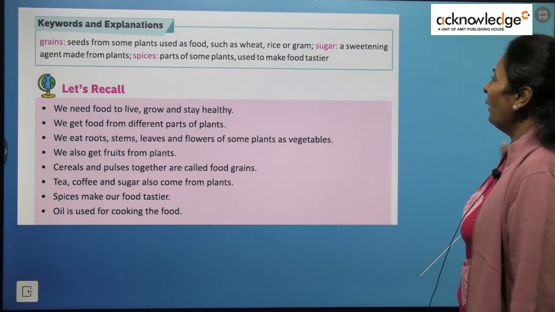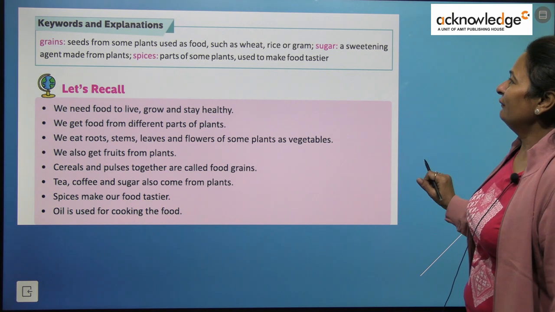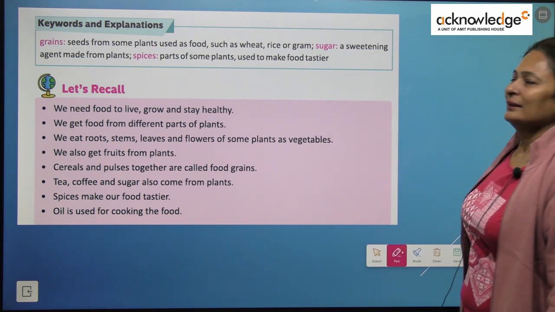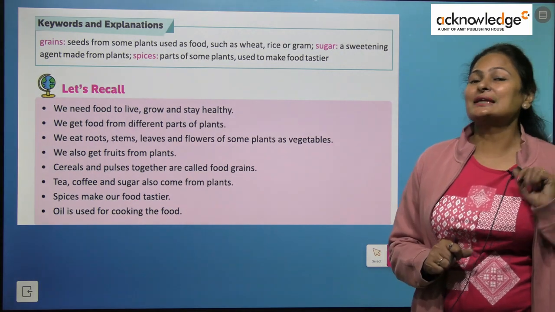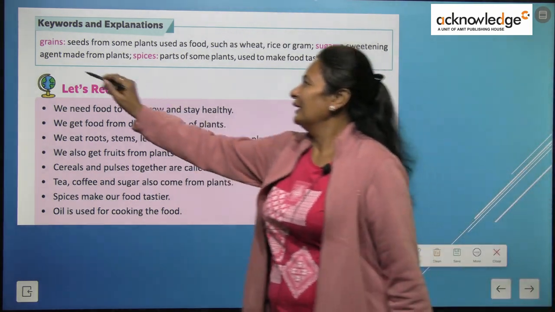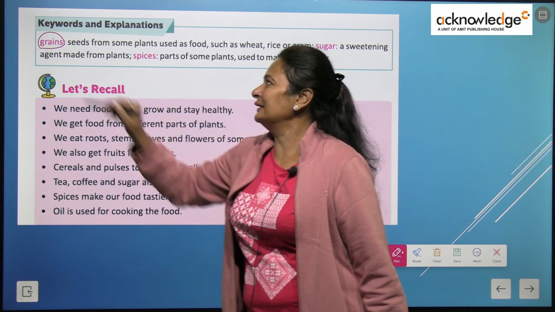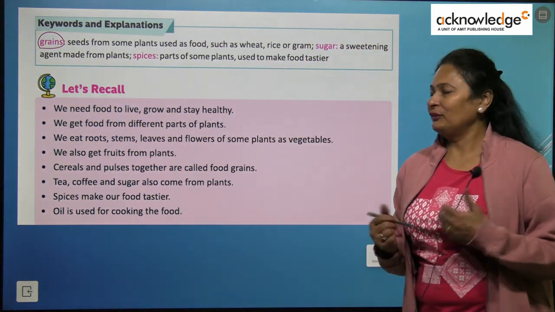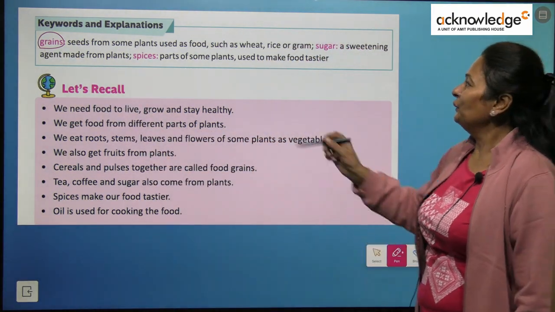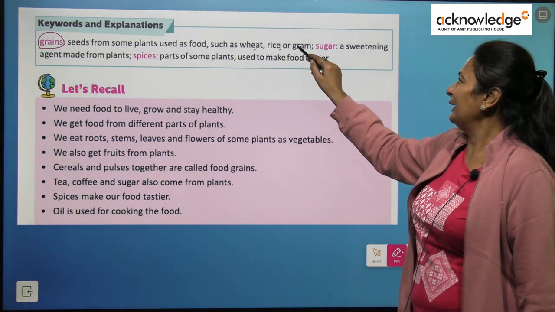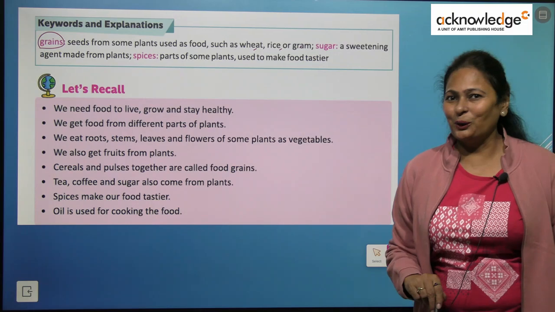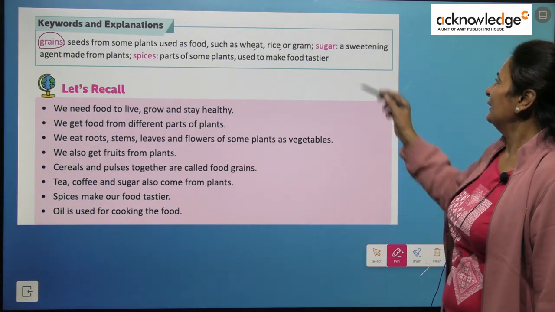So that's all. So let's revise what we have learned. First, we will discuss keywords and explanation. Grains. What is grains, kids? Seeds that we get from plants used as food such as wheat, rice and gram are called grains.